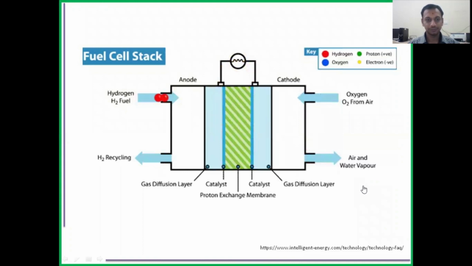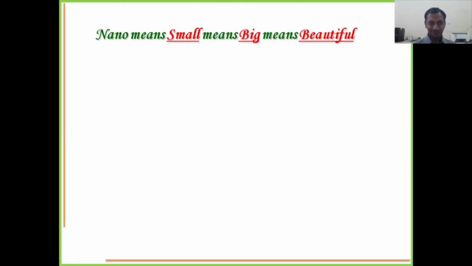At last, I would like to convey the message that today we have seen nanomaterials and heterogeneous catalysis. In a nanocatalysis system or nanocatalyst, the materials are in nano size. So nano means small. Small in terms of size. Then small means big: big in terms of properties.